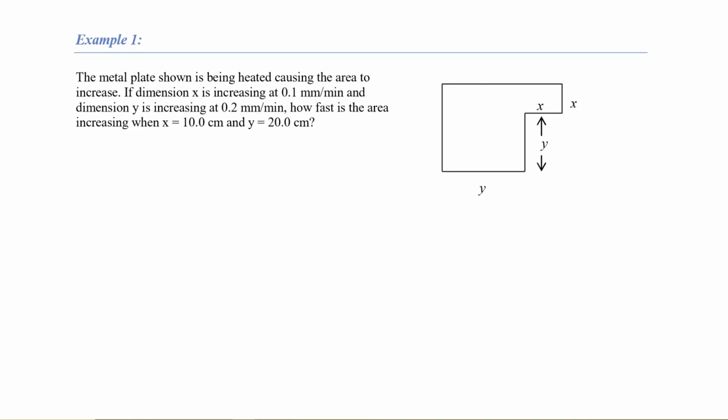Take a moment. If you want, you can pause this video and read this problem carefully. So in this problem, we are given a metal plate that is being heated and it causes the area to increase. So we have a dimension x and a dimension y.